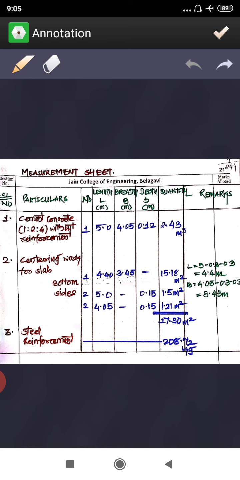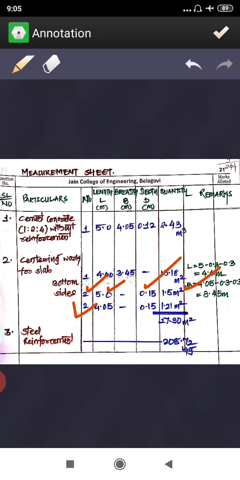Then you will be having sides, two sides. For the longer side you will have two sides. 12 centimeter is the thickness of slab, but we keep the side form at 15 centimeter so that we can have some space to work; 3 centimeters free board will be there. So you'll be having 2 into 5 into 0.15, which is going to be 1.5 meter square.